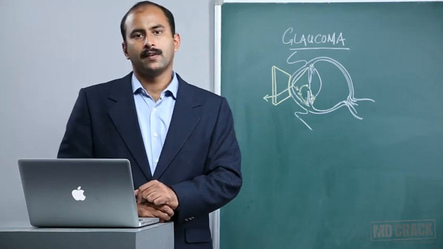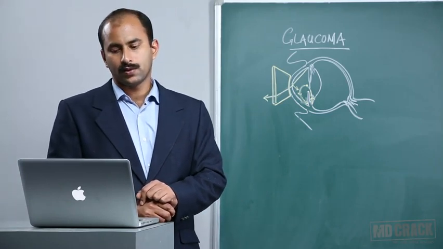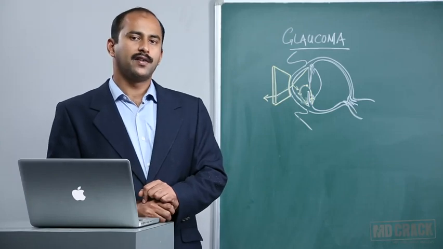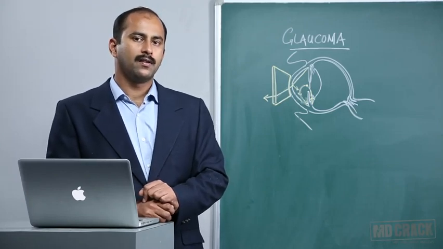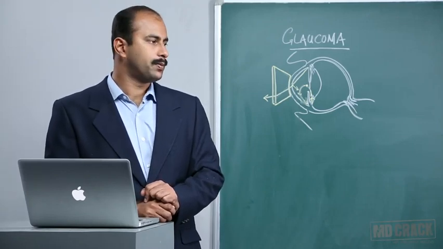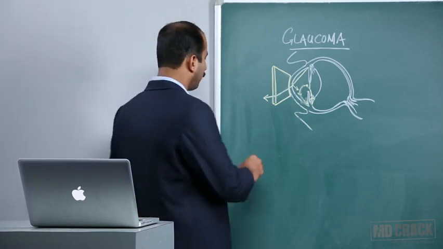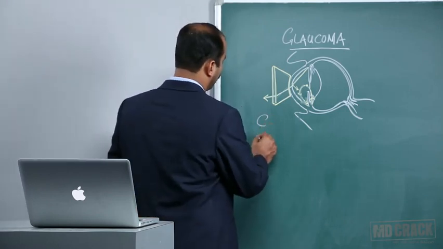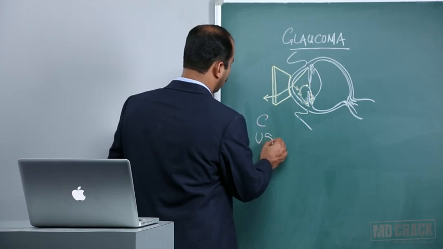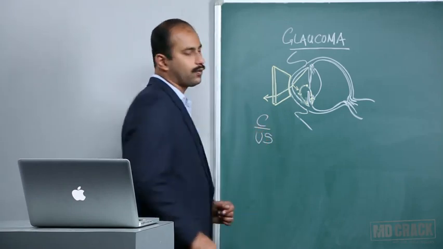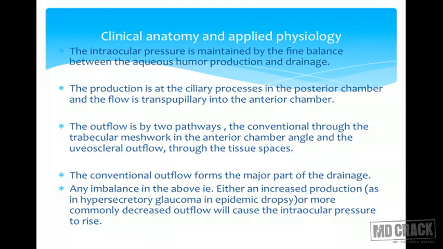Besides this, there is an unconventional outflow channel which can assume great significance when it is modified for treatment purposes, that is the uveoscleral outflow. So the one is the conventional and the second is the uveoscleral outflow. The conventional outflow forms the majority of the drainage of the aqueous from the eye.